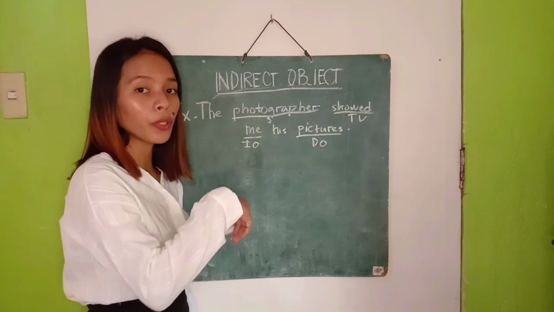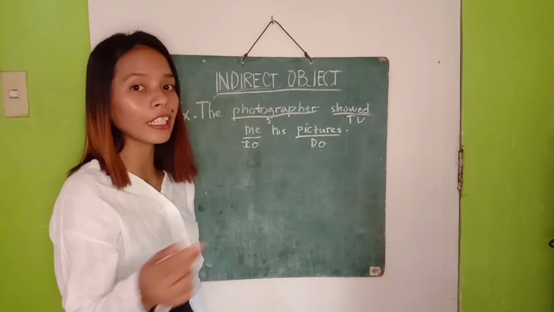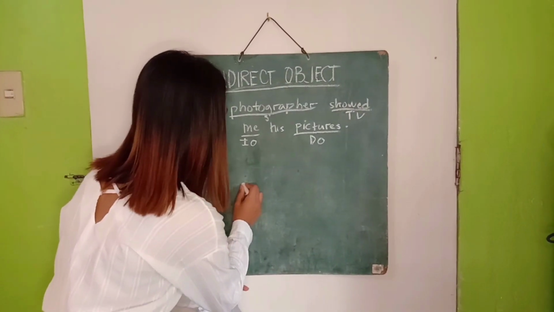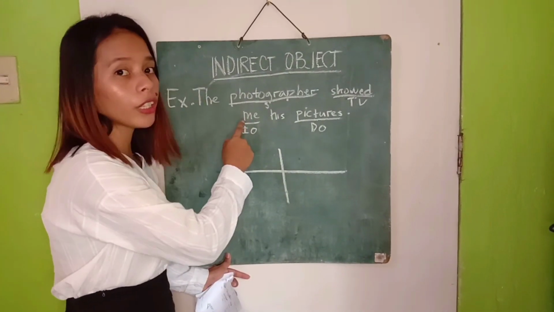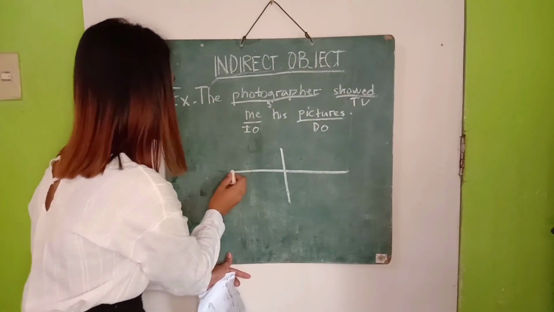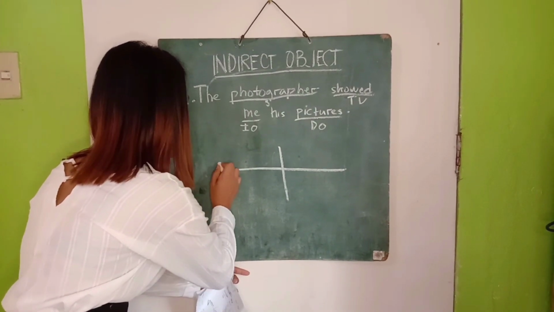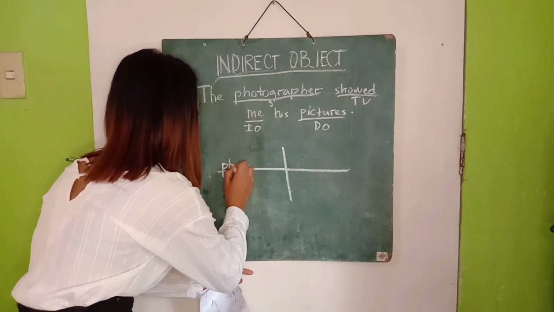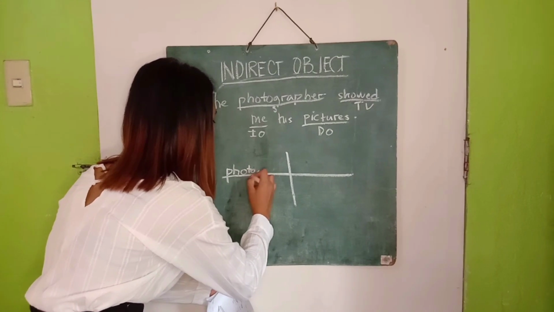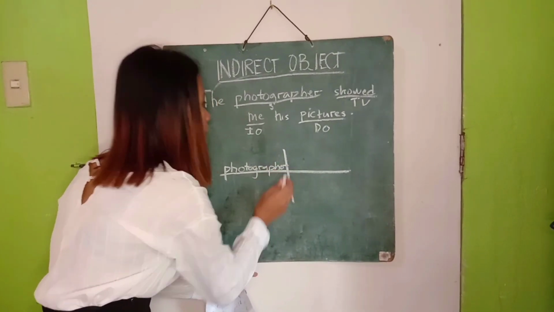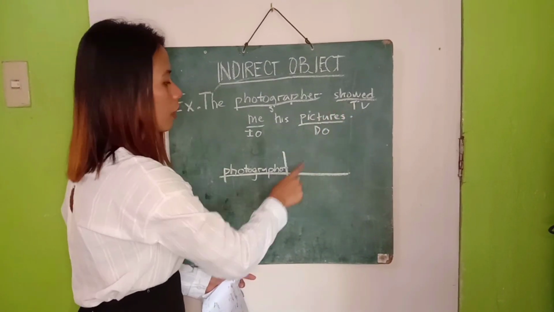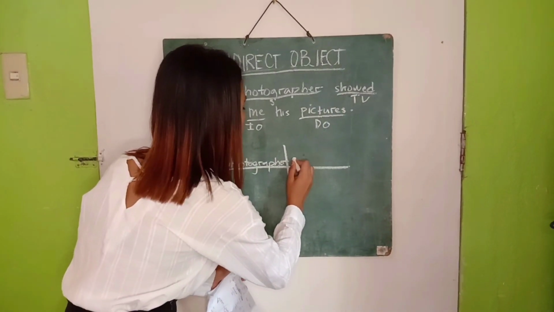To diagram this sentence, we're going to draw a horizontal and a vertical line again, and put our subject here at the left side and our transitive verb at the right side.